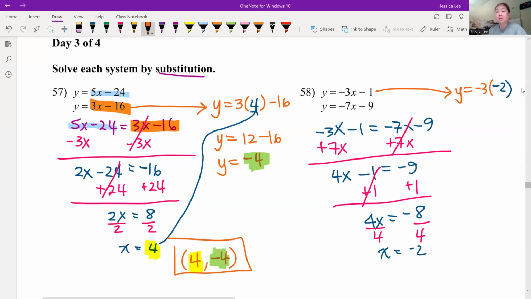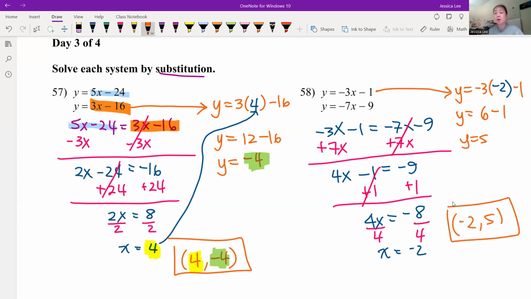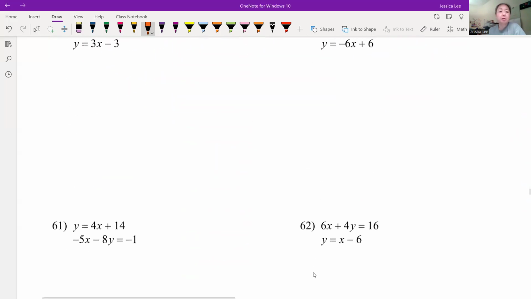So we got y is equal to negative 3 times negative 2, which is positive 6, minus 1. So y is equal to 5. So here's our point, negative 2, 5. Yay! Good to go. All right, we're going to do a couple more of these.